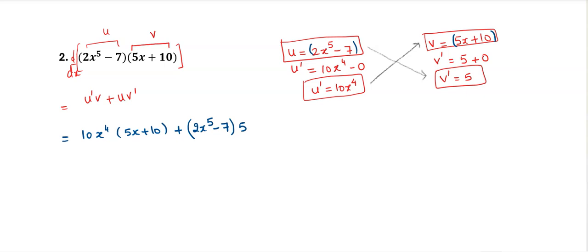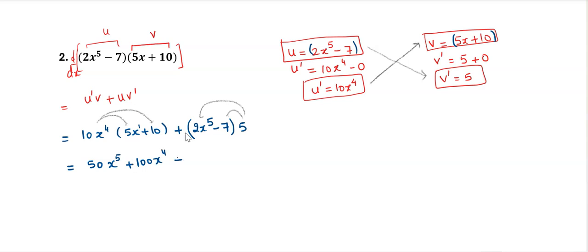Okay. Now just do the simplification. 10x power 4 multiplied with both the terms. Similarly, 5 multiplied with both the terms. So this simplification gives you 10 multiply 5, 50. x power 4 and x power 1 gives you x power 4 plus 1, that is 5. 10 multiply 10, 100x power 4.